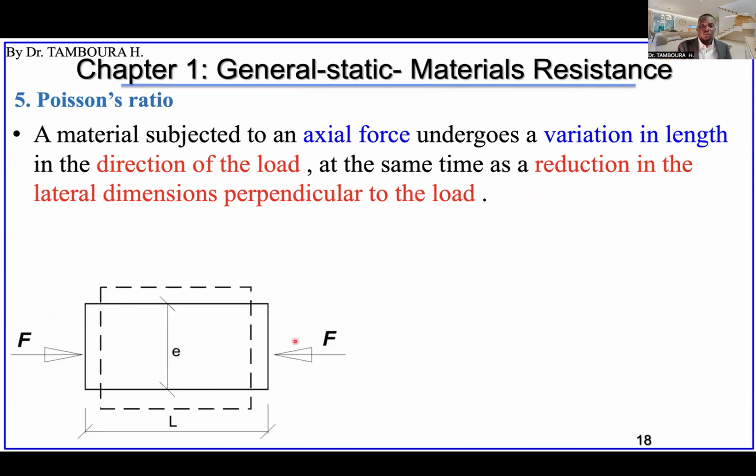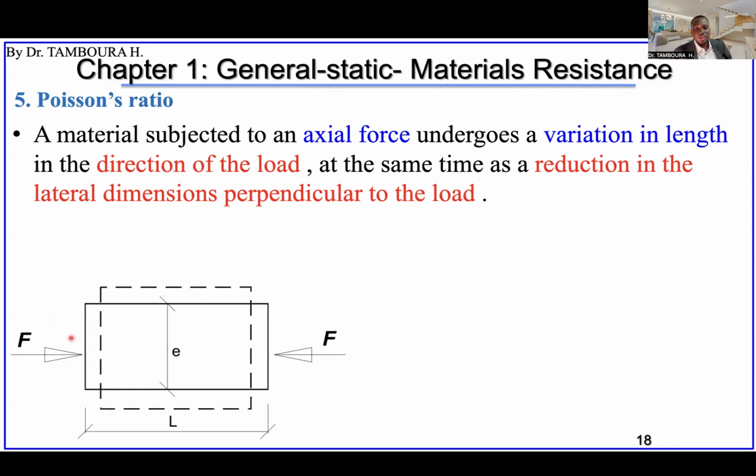Something like this. If we compress, this original shape is this one. This is the original shape, for example. Okay. And if you use these forces applied to compress this object, we will have this shape, the dash line. Okay.